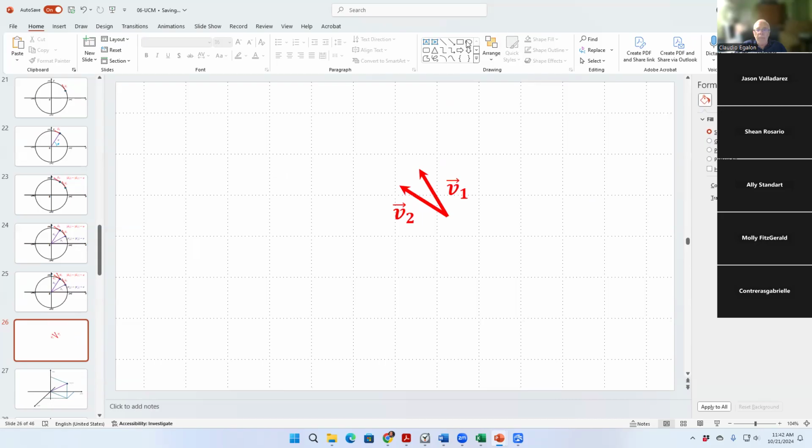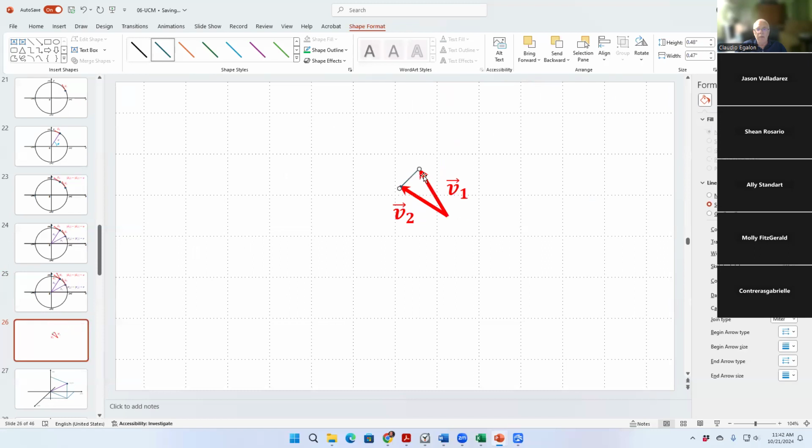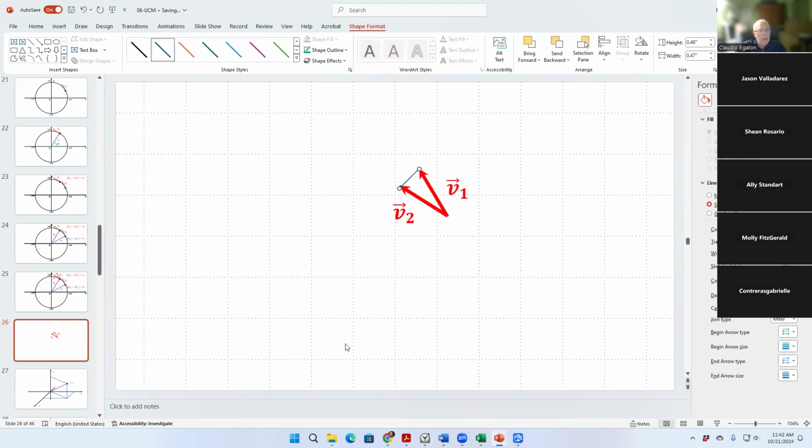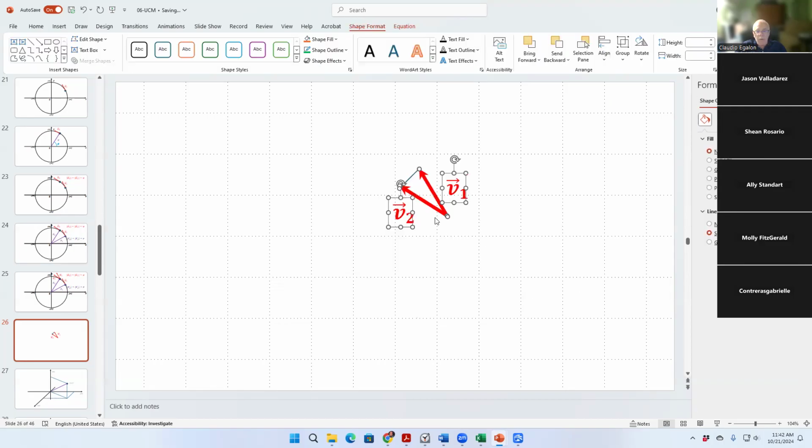is similar to the triangle V2 minus V1. This triangle here is similar to this other triangle here.